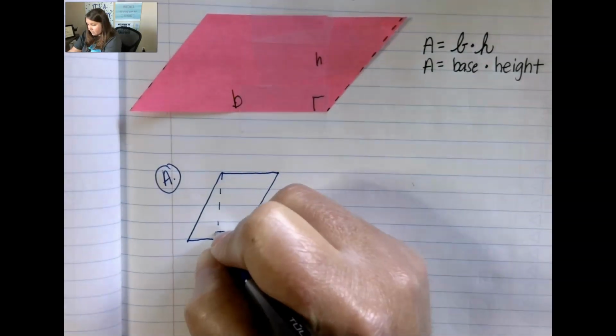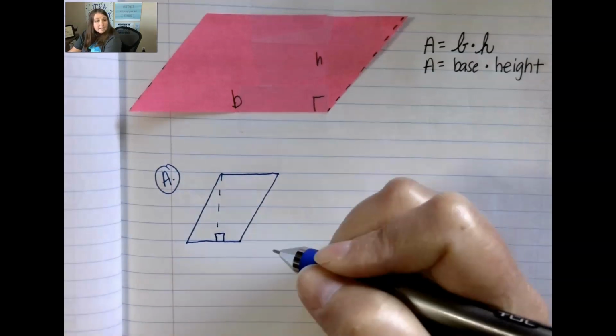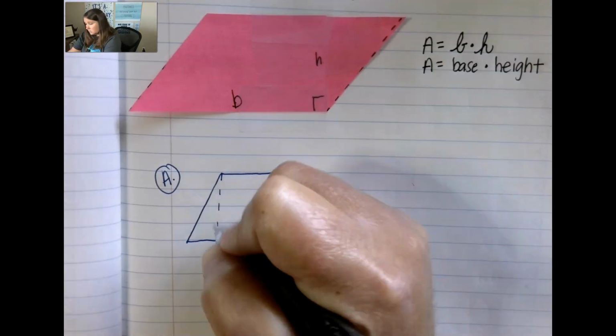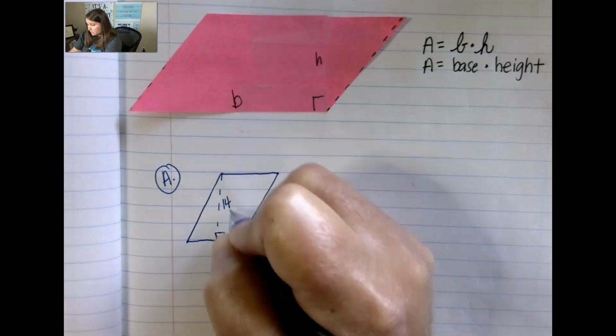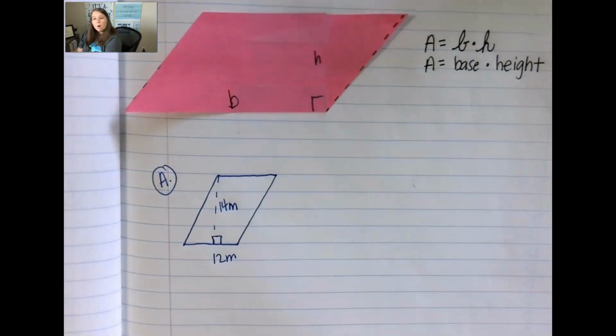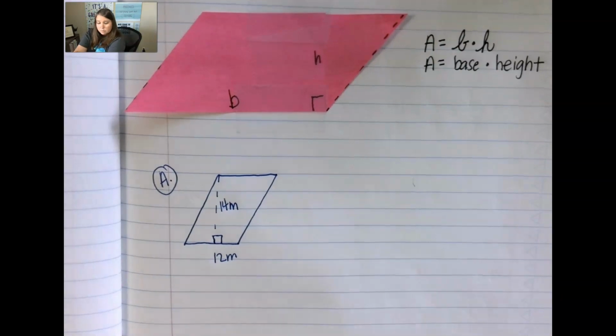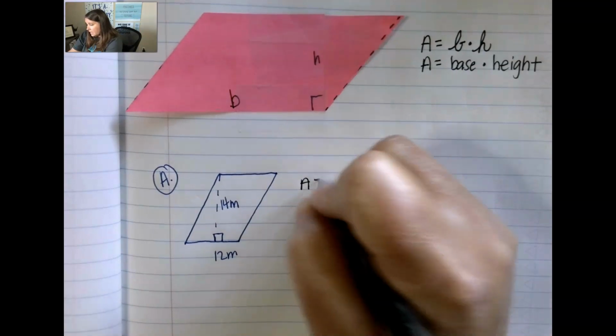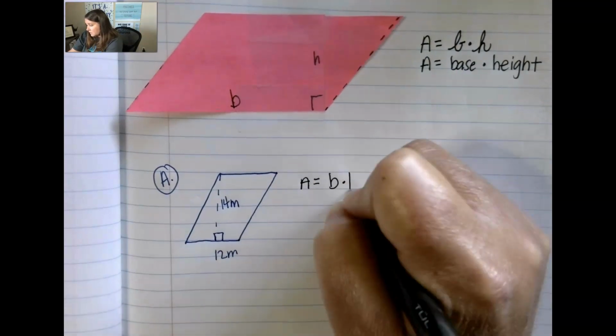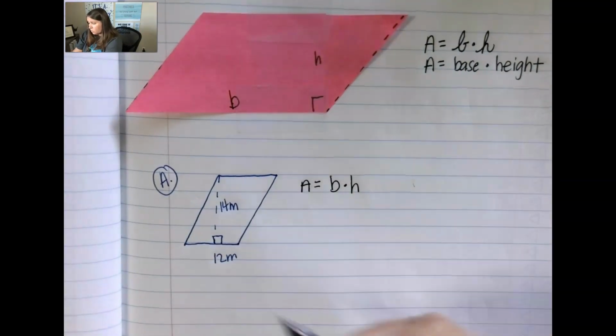So wherever that right angle is, that's the height. So this is 14, and the base is 12 meters. Our job is just to multiply. So we're going to start with that same formula. Area equals the base times the height.